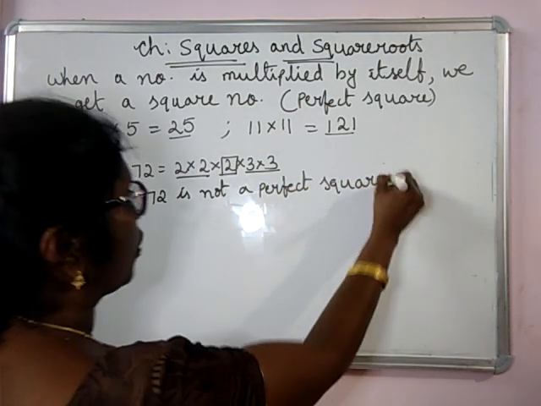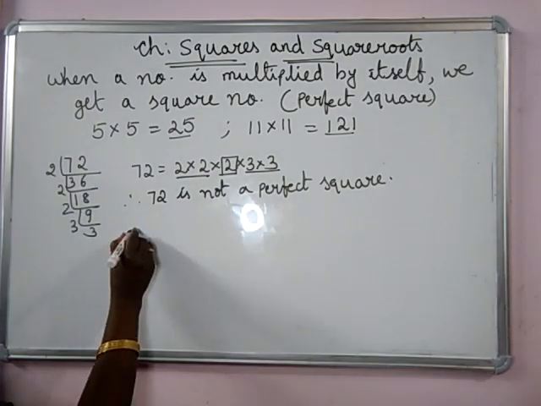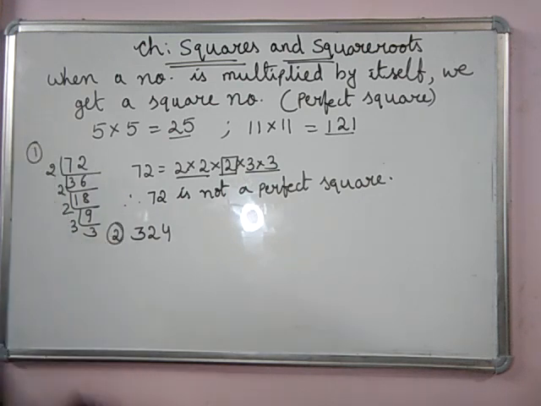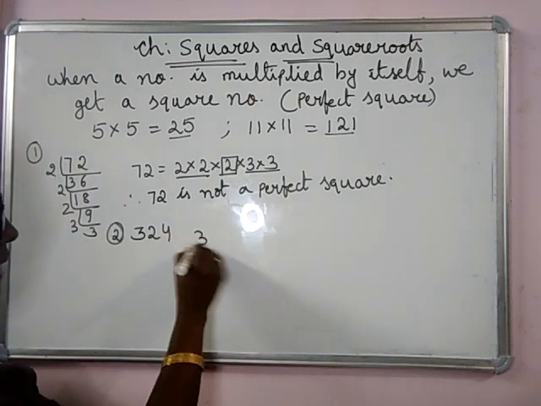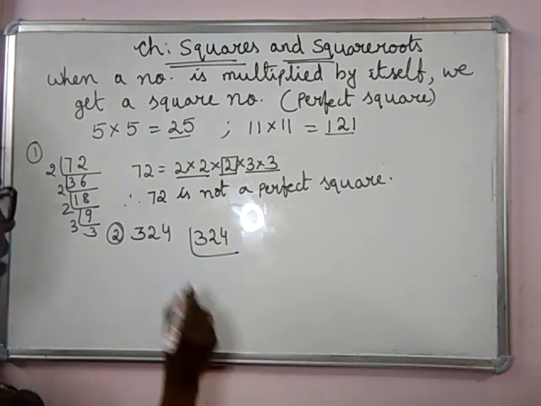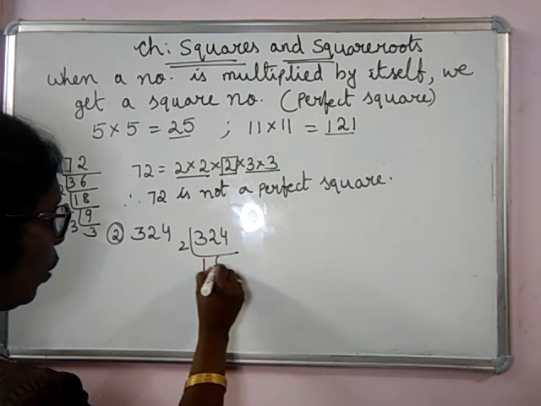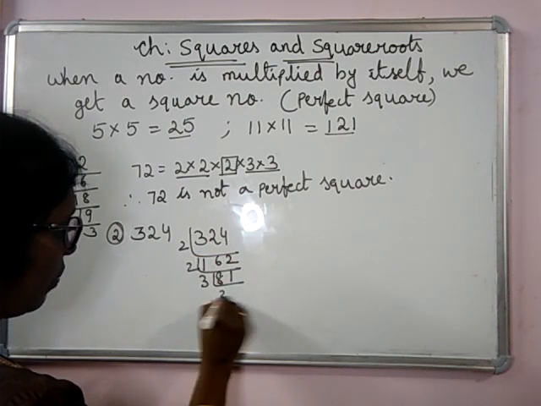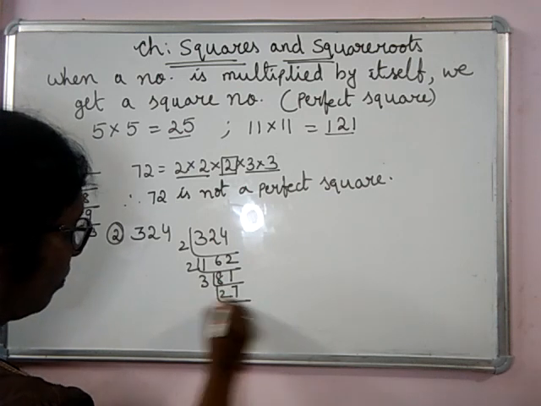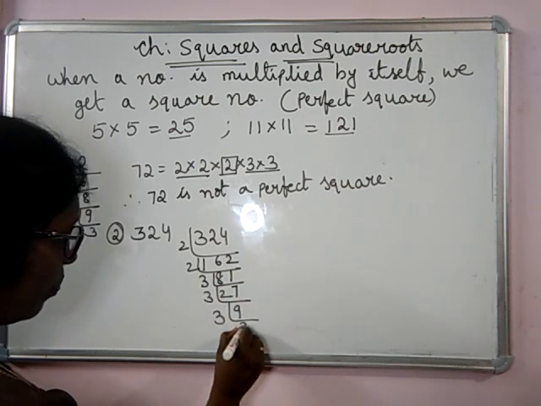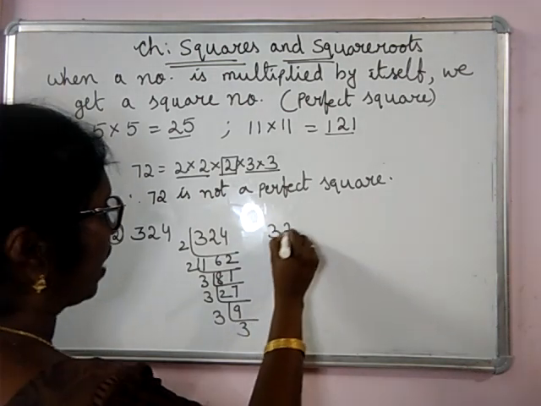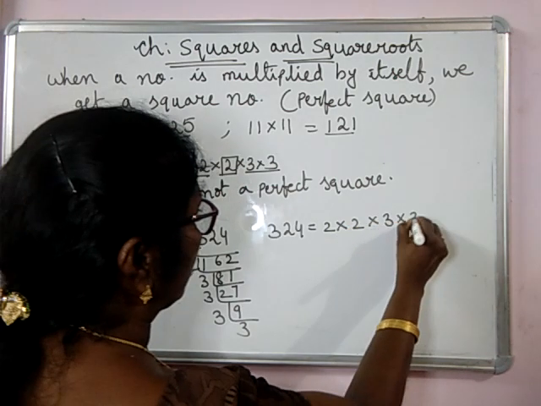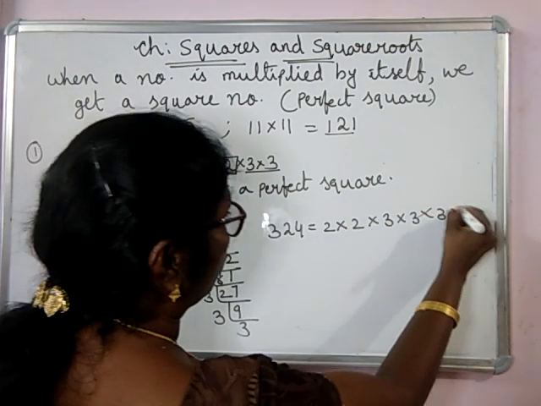Now, let me give you one more example. Let us see whether 324 is a perfect square or not. For that, let us find the factors of 324. 2 2s are 4, 2 6s are 12, 2 81s are 162, 3 54s are 162, 3 27s are 81, 3 3s are 9. So the factors of 324 are 2 into 2 into 3 into 3 into 3 into 3.